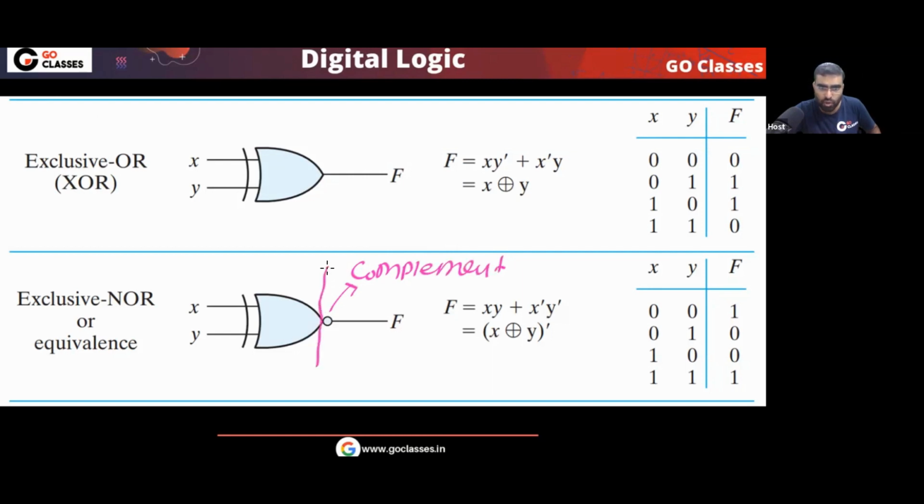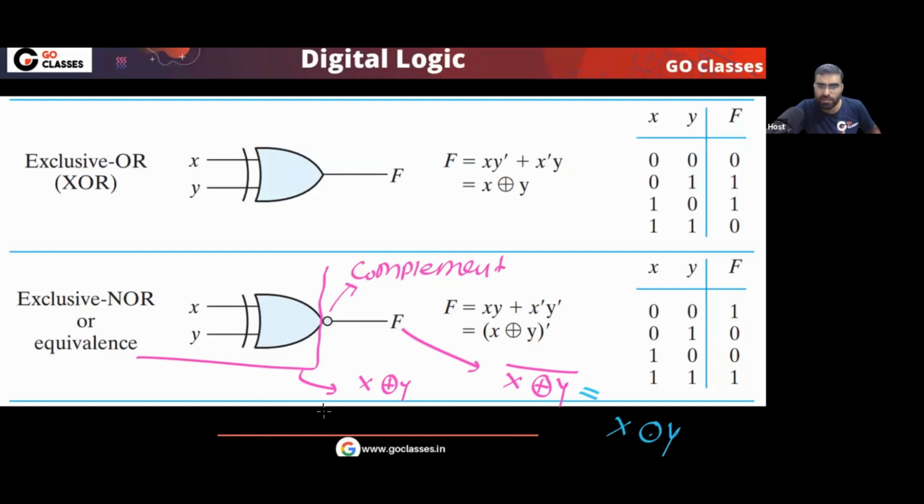So first you take XOR. So far here you got XOR. And then you take complement. This will become XOR and then you take complement. But for two input variables, this will be same as XNOR. Agree with me? For two input variables, this will be same as XNOR.